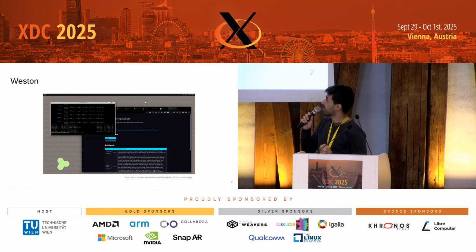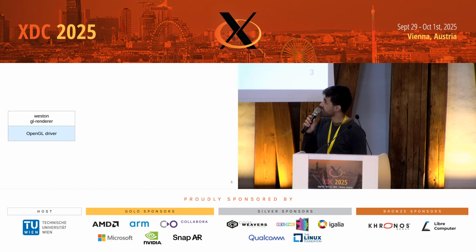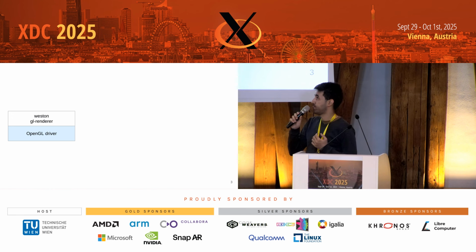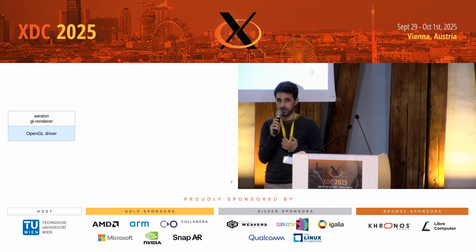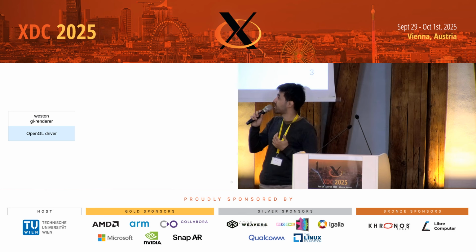So how exactly does it do that? Not only for Weston, but it's also the case for most of the other compositors as of today. If you want to do this composition process using your GPU, it most likely uses OpenGL, and the compositor is going to have some kind of OpenGL render component.